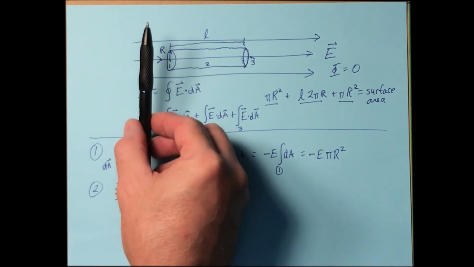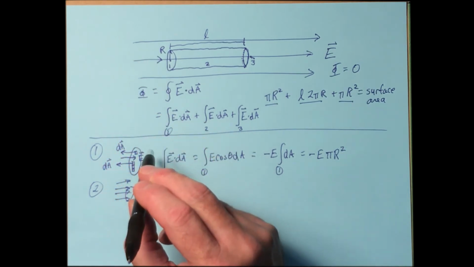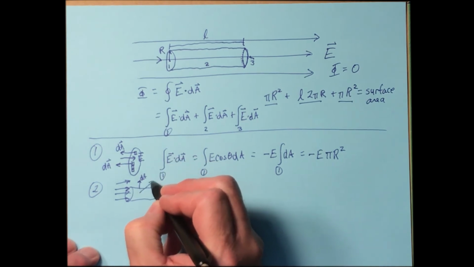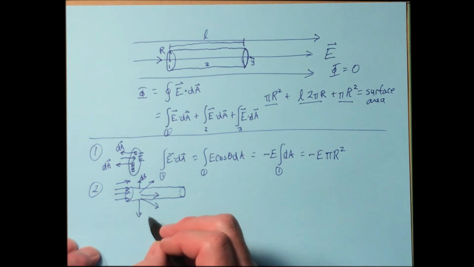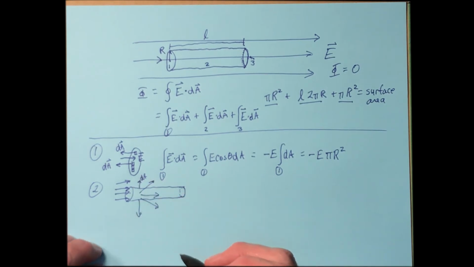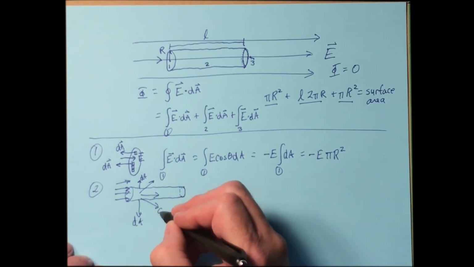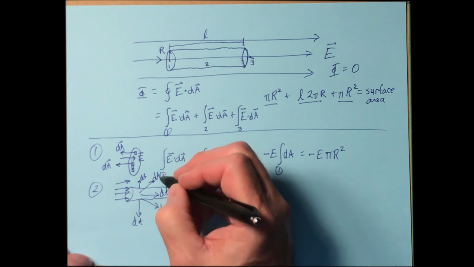But then as you rotate, you got the dA vector pointing that way, and that way. So you're going to have all of these various angles for the dA vectors, and you have to kind of imagine that as being three-dimensional, that are normal to the surface. So the dA points that way, that way, that way.